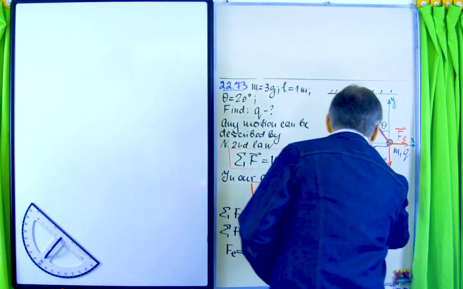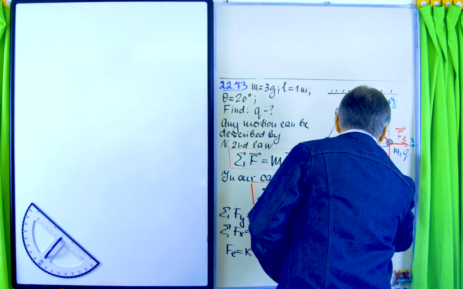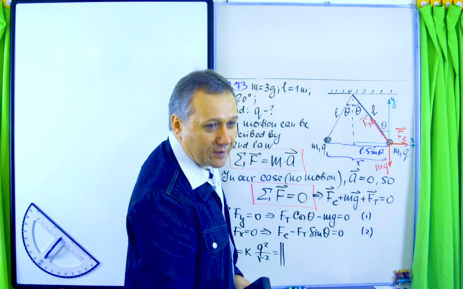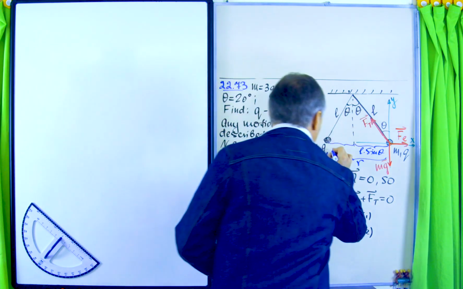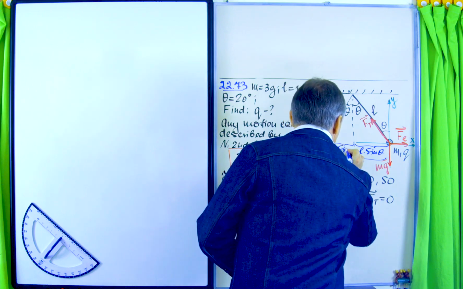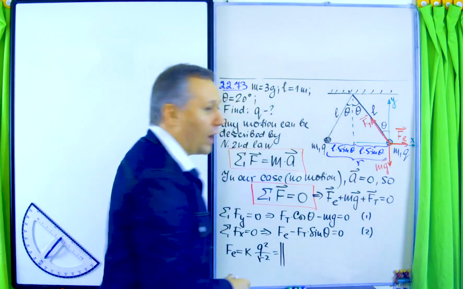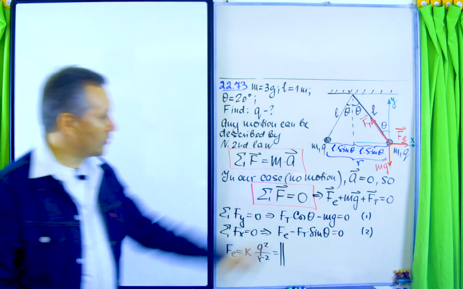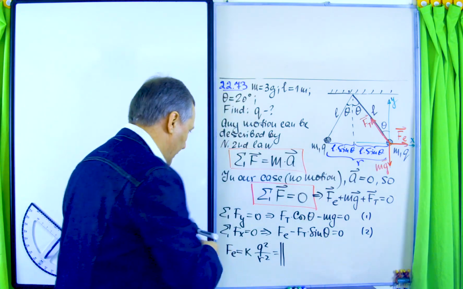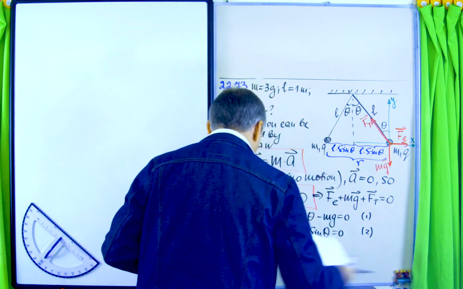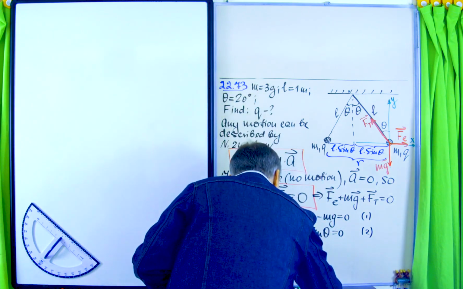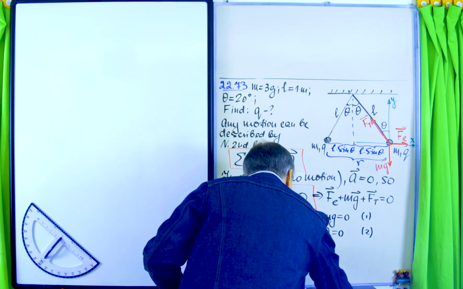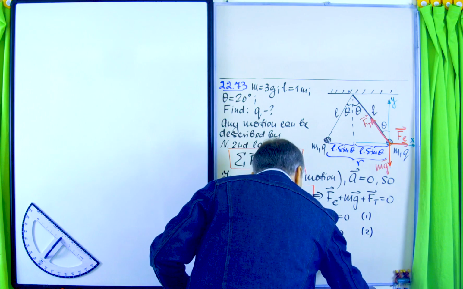So this will be L sine theta, and exactly the same story with this side and this triangle. So it will be L sine theta. So the whole R is 2L sine theta, because we have two parts. Now I can write in my explanation box: R equals 2L sine theta. And I will close my explanation.